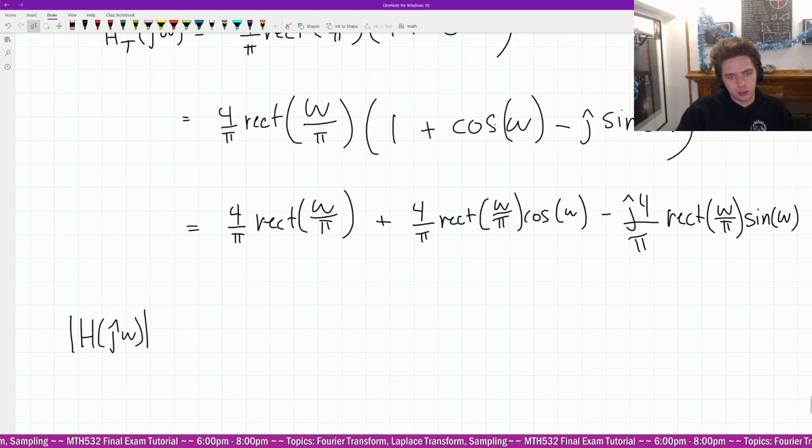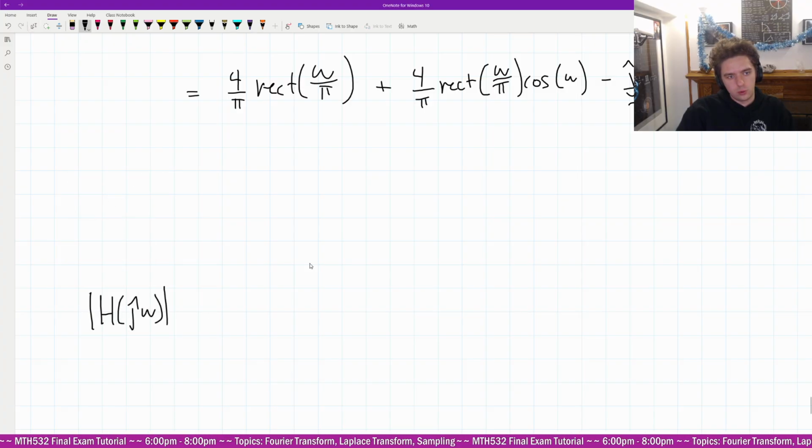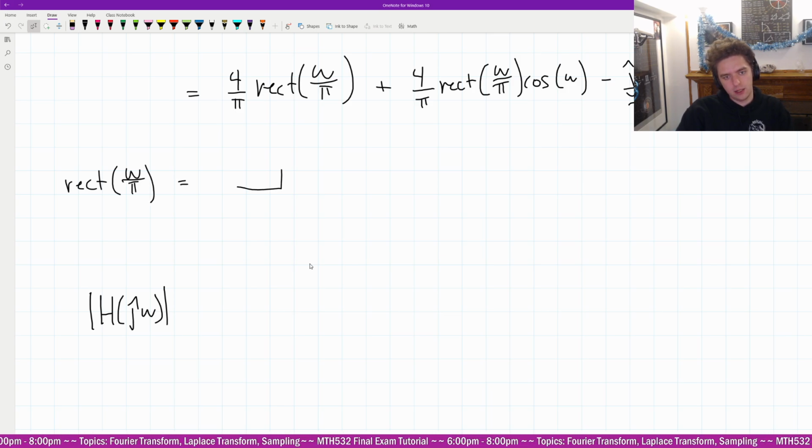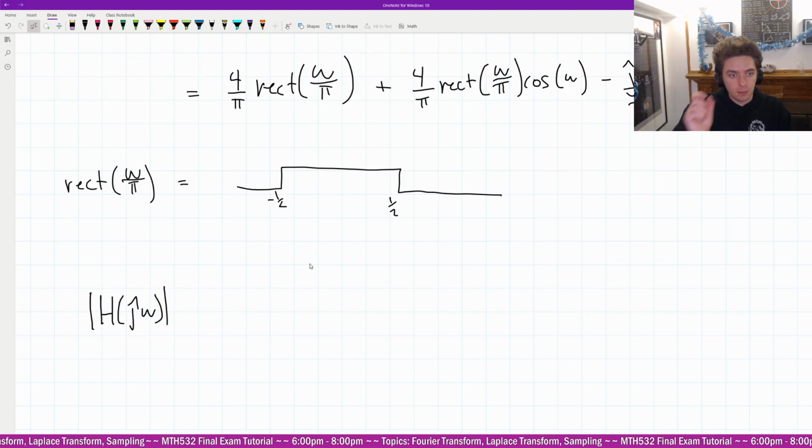So let me just quickly draw rect of omega over pi. It's going to look like this, right? It's a rectangle. From where to where? Well, it used to be from 1/2 to -1/2, but I'm going to multiply that by pi now. So it's going to be from pi over 2 to -pi over 2.